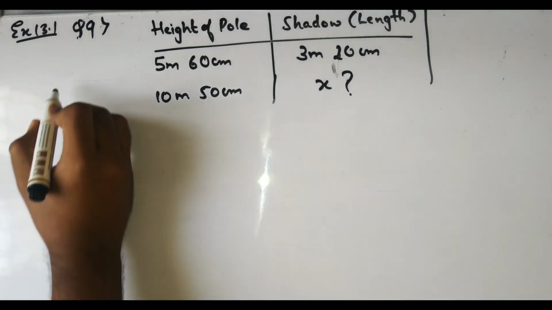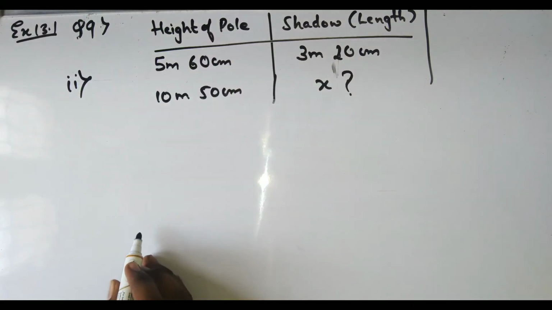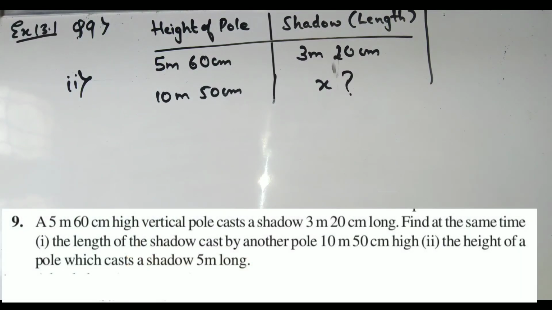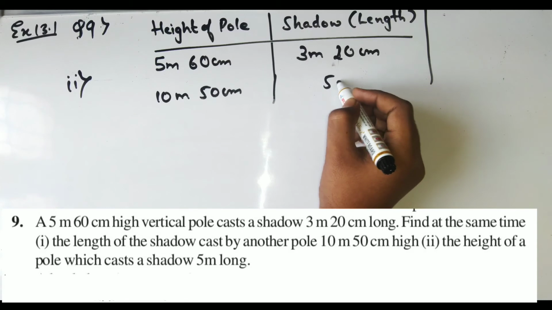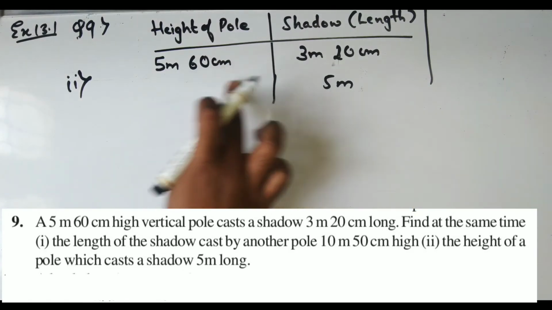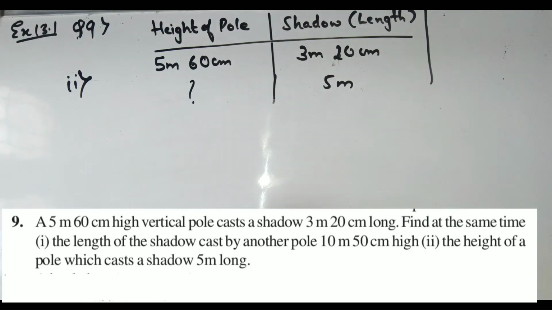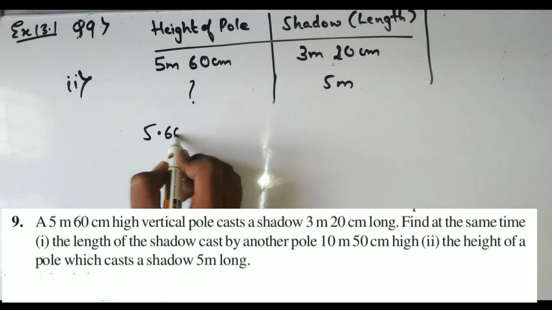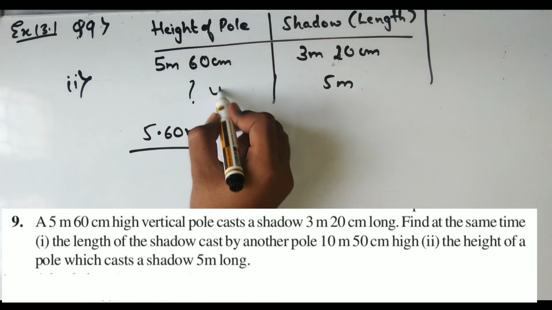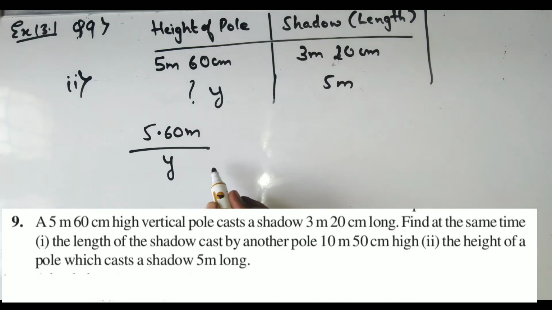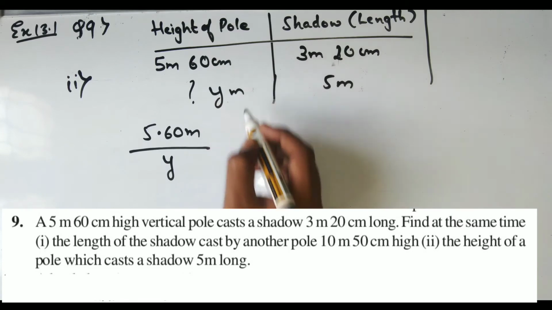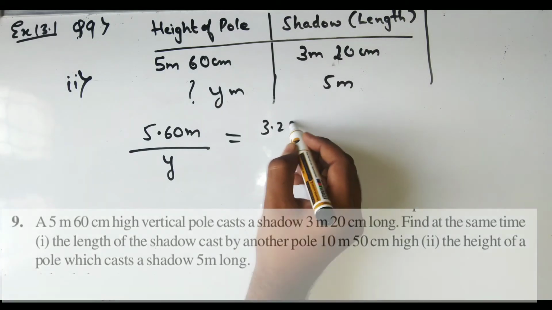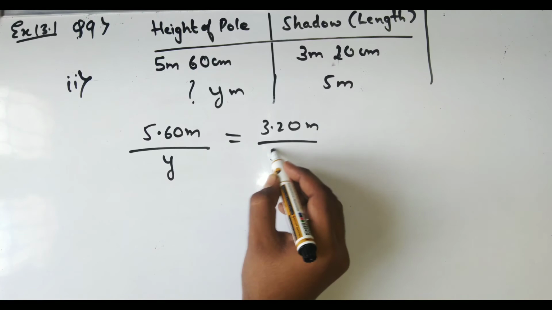So guys, moving on to the second part, they are now asking for the height of the pole when the length of the shadow is given as 5 meter. You need to find the height of the pole for this. Again the same thing: 5.60 meter divided by y, where you mention let the height of the pole be y meter, equal to 3.20 meter by 5 meter.